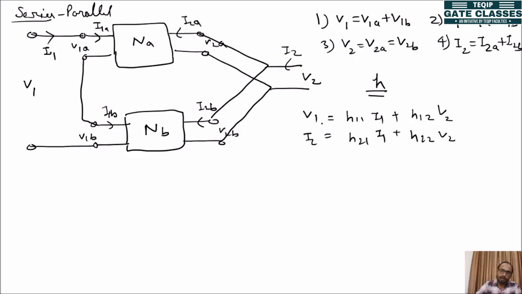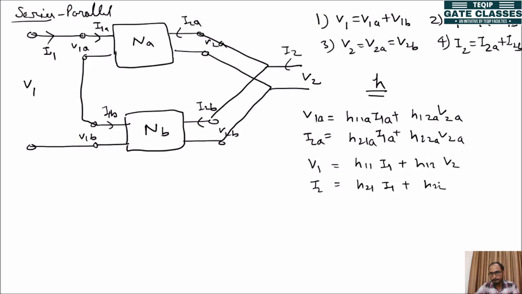So we can write H11, H12, H21, H22. For A you write A everywhere, and similarly for B put B everywhere.